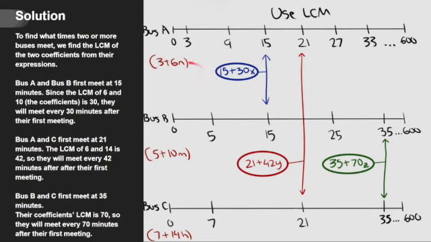Because the LCM, right? So you have 6 and then 10. Bus B arrives at X every 10 minutes, and bus A arrives at X every 6 minutes. So we're basically trying to find when every 10 minutes overlaps every 6 minutes.